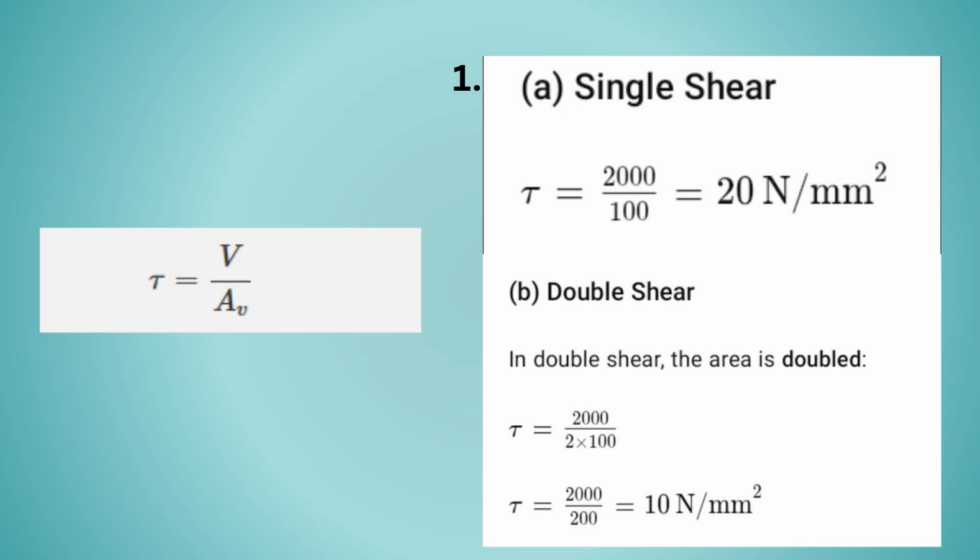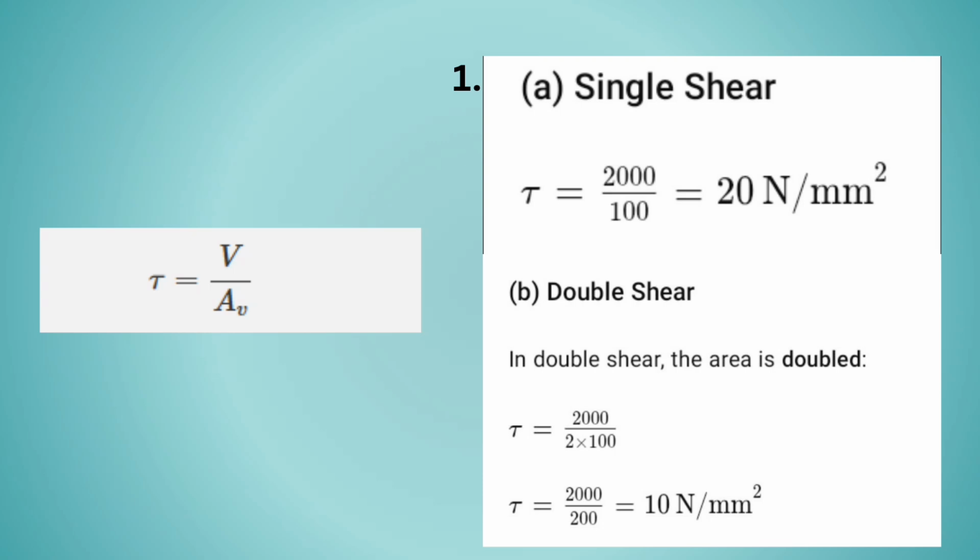So put the 2000 Newton over the area of 100 millimeter squared, which equals 20 Newton per millimeter squared. And next, the double shear.